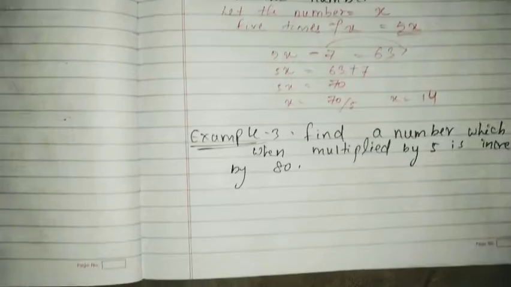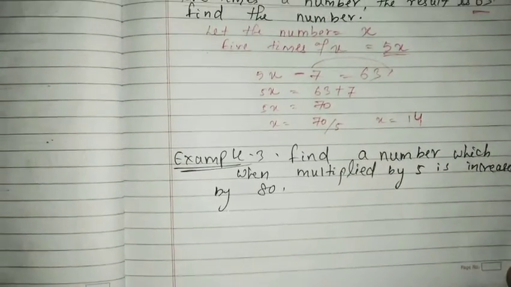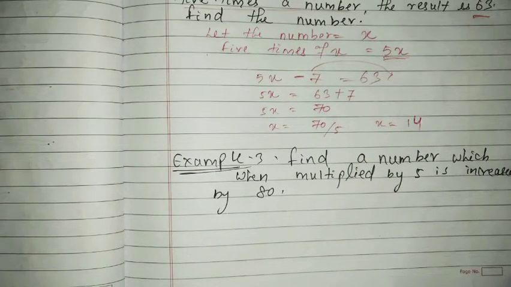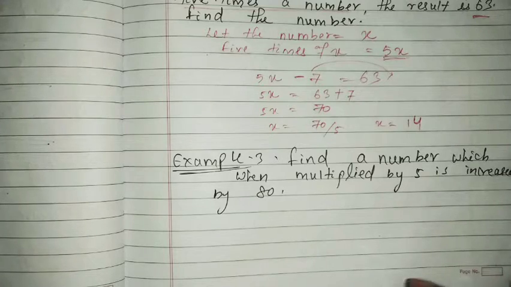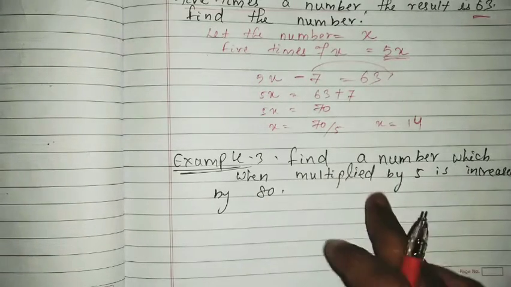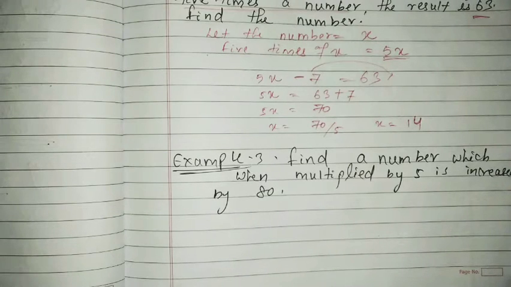Okay, let's move to the third example. Find the number which when multiplied by 5 is increased by 80.